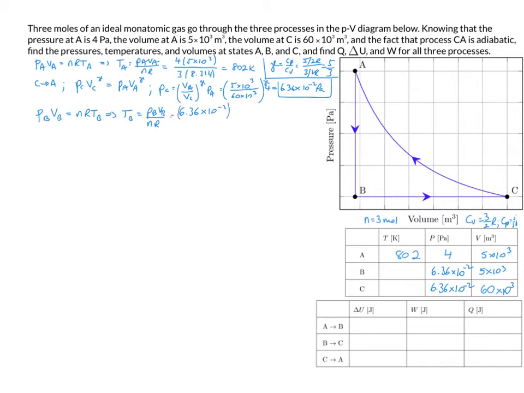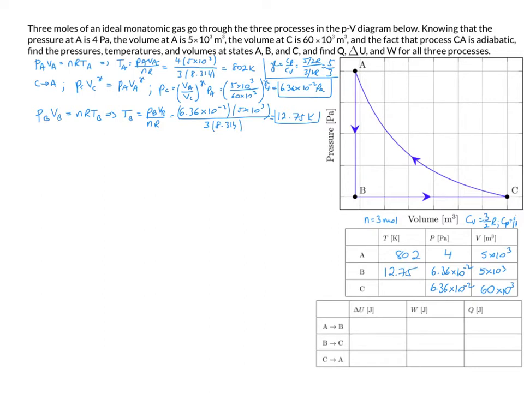Volume at B is 5 times 10 to the third cubic meters. n is 3 moles, and R is 8.314. So when I plug in these numbers, I end up with a temperature of 12.75 Kelvin. So I'm going to put that here, 12.75.